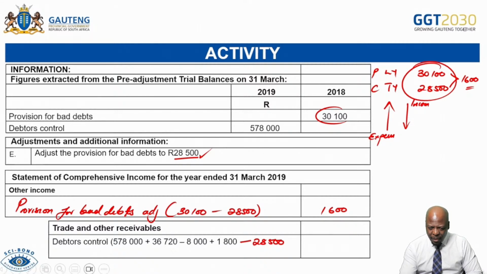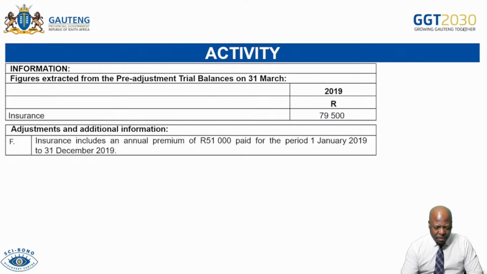The next adjustment reads, insurance includes an annual premium of 51,000 paid for the period 1 January 2019 to 31 December. So we have an insurance annual premium of 51,000. We know that our financial year is ending on 31 March.